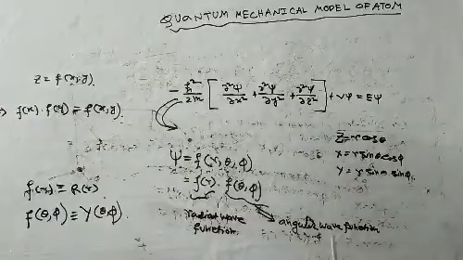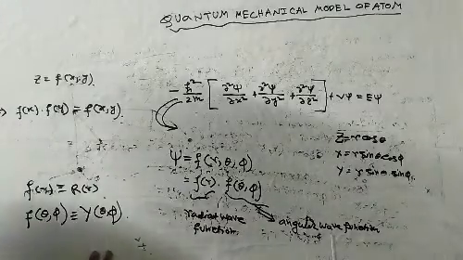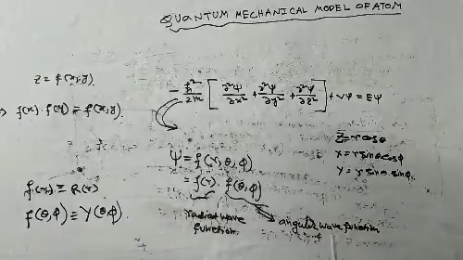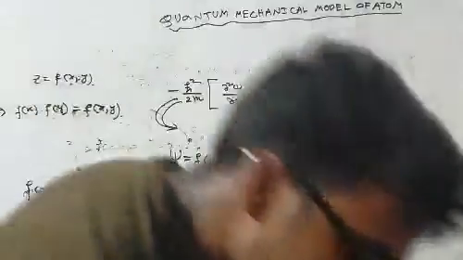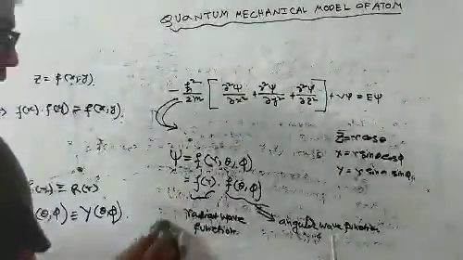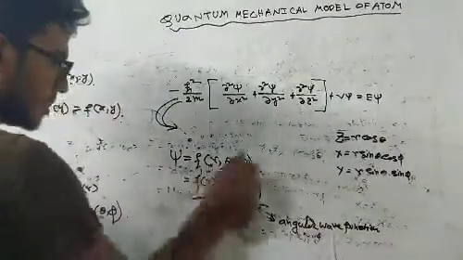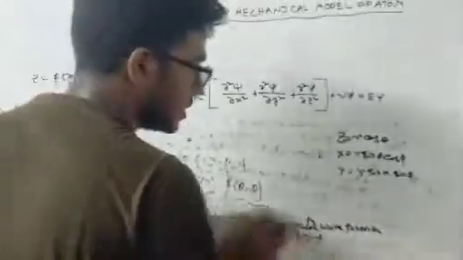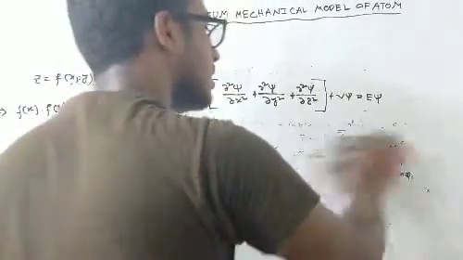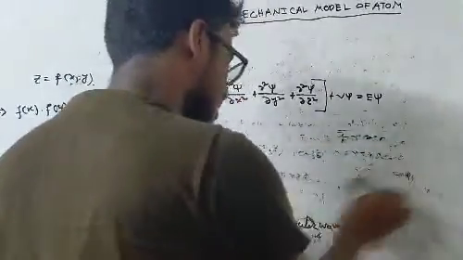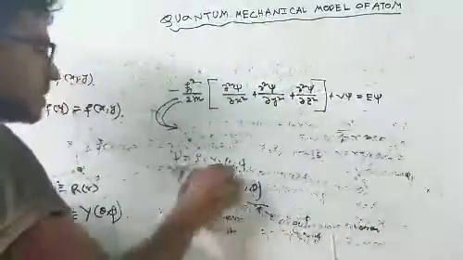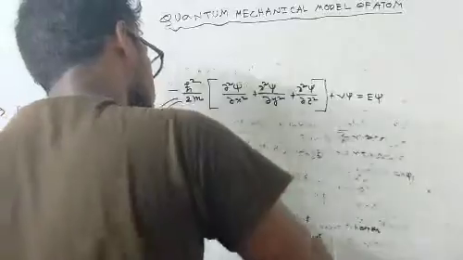Now we all know that to represent an electron we need 4 quantum numbers.